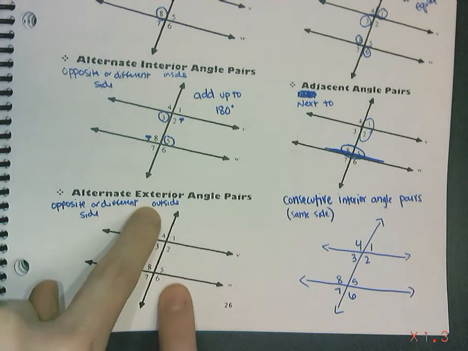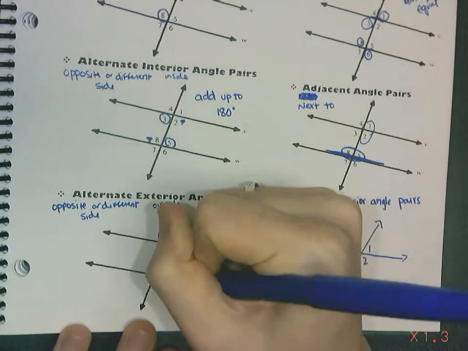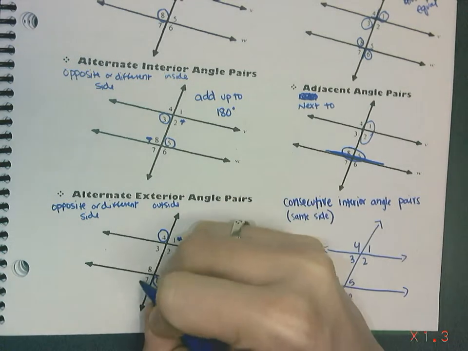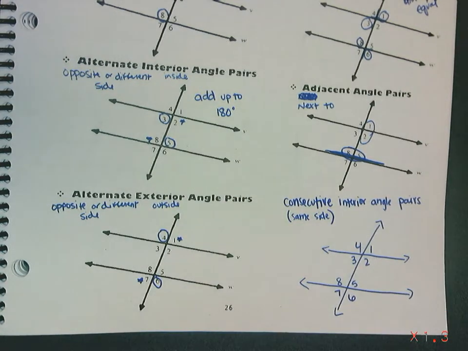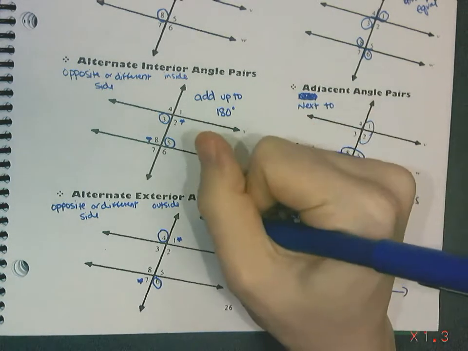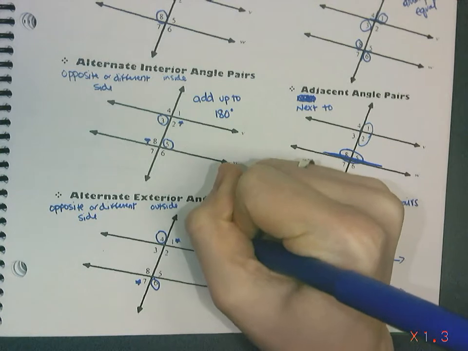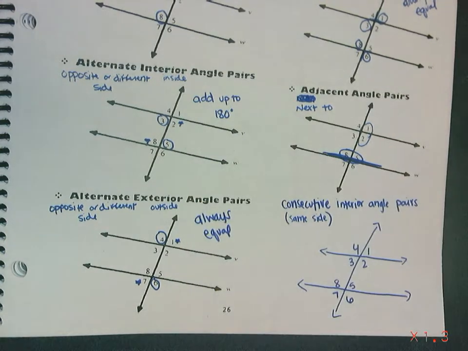So opposite and outside, a 4 and a 6. The 4 and the 6 would be alternate exterior angle pairs, or the 1 and the 7 would be alternate exterior angle pairs. These are always equal. So if we know that angle 4 is 58 degrees, then we know that angle 6 is also 58 degrees.